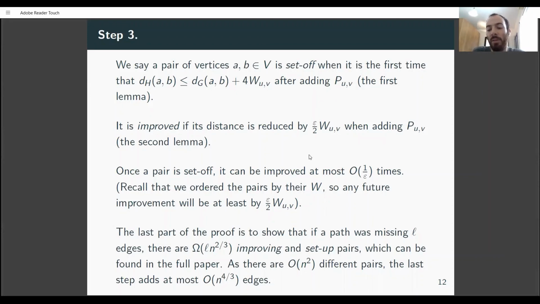So if we set omega of L times n to the power of 2/3 equal to order of n squared, we get that the last step adds at most order of n to the power of 4/3 edges, which completes our proof. And it's not only completing our proof, it also completes my lecture.